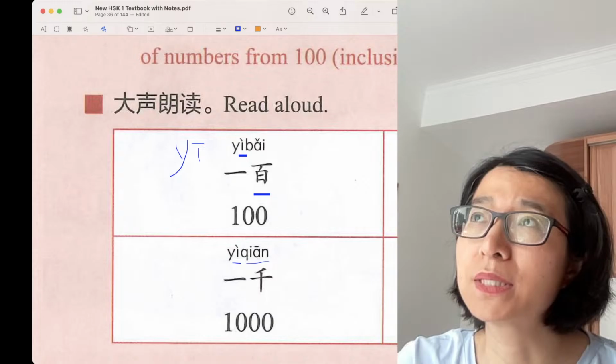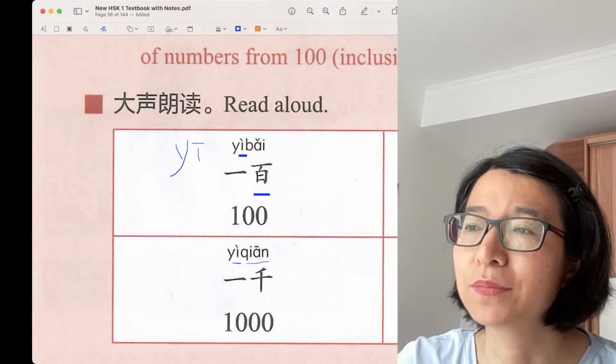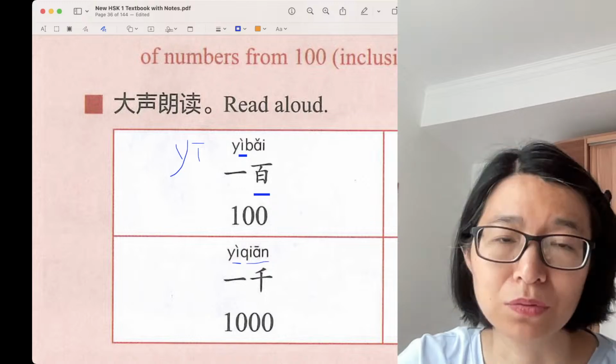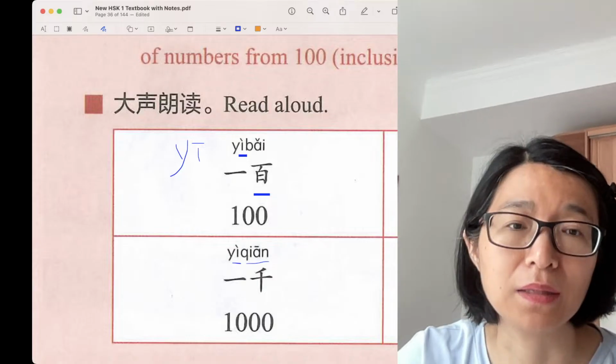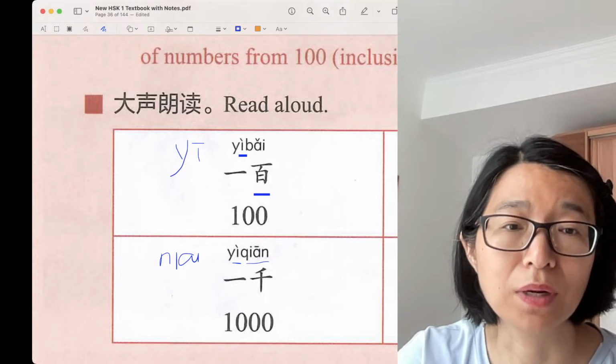How about the second tone? 一 together with second tone. Give me an example. Okay, what is the example with a rising tone? Let me give an example. For example, 一年, year, 年 is a rising tone, right?